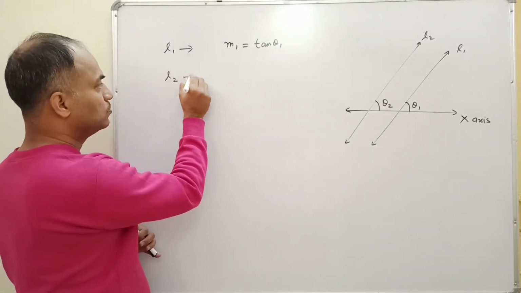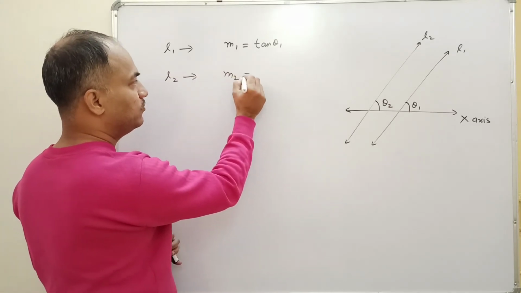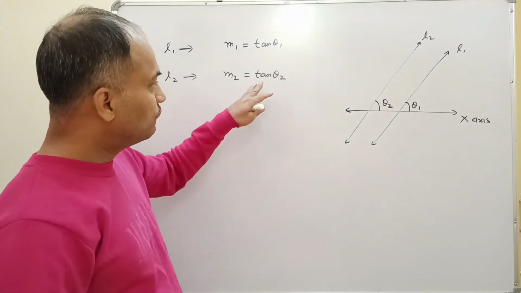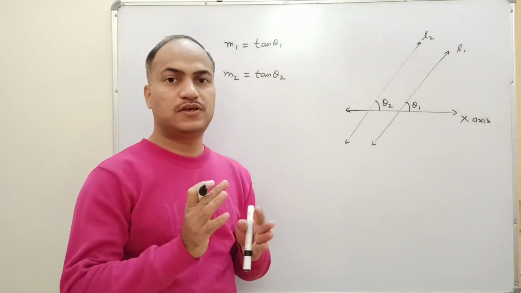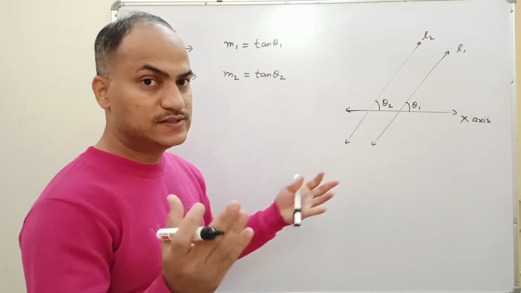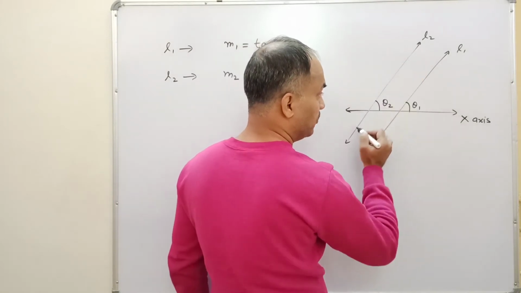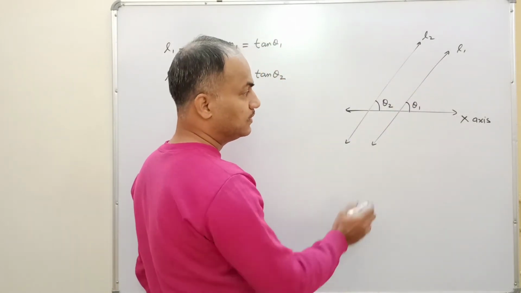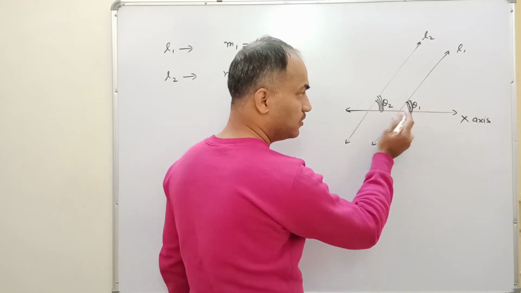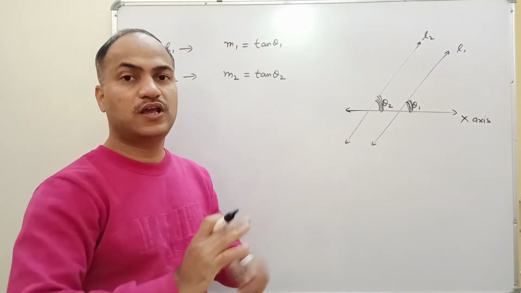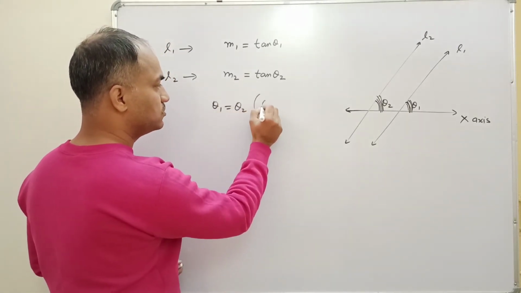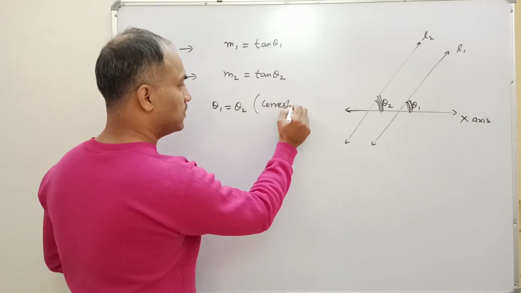For line L2 the slope is m2 and m2 is equal to tan theta 2. Now why these two values will be the same? ये मेरा discussion है यहाँ पर. So why is this equal? Simple reason: when two parallel lines are there, we know that this angle and this angle are equal. By what property? They are corresponding angles. Okay, here theta 1 is equal to theta 2 because they are corresponding angles.